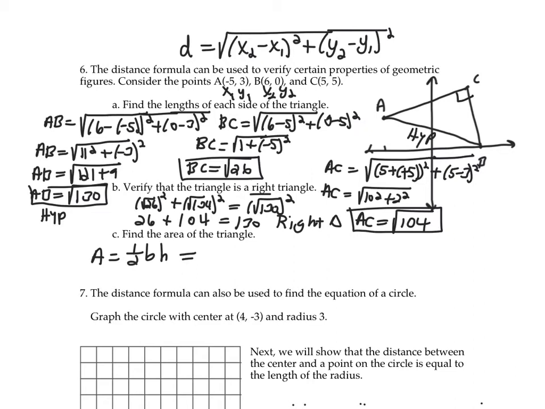So we're going to take 1/2 times AC, which is the square root of 104, times the square root of 26, which is the length of line segment BC. Okay, so when we multiply this out, it just comes out to be 26 square units.